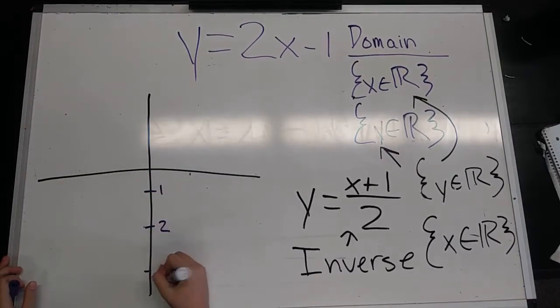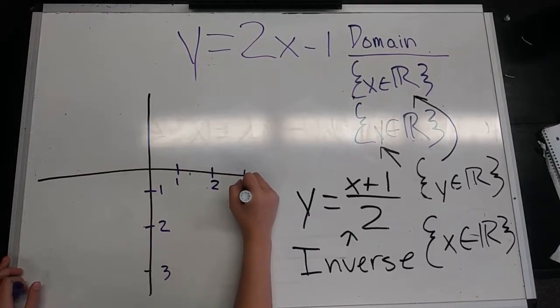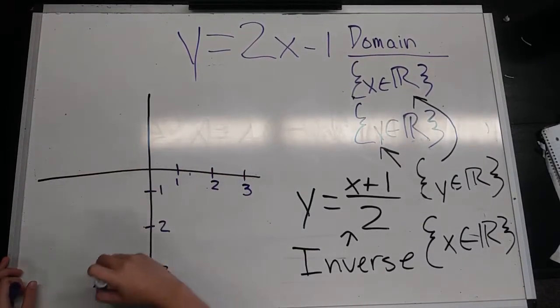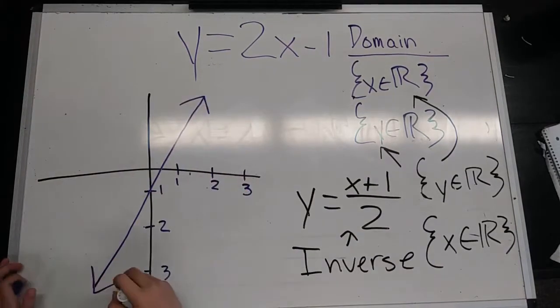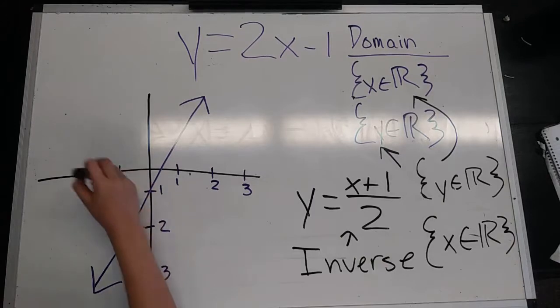The next step we take is determining what points to graph on this graph. We can graph the first equation here, and then in order to graph the inverse, there's a few different things that we can do.